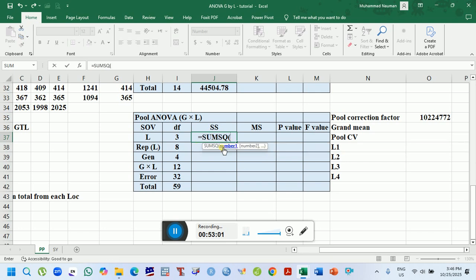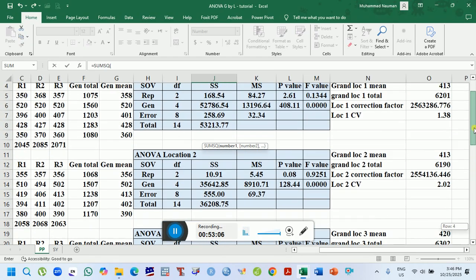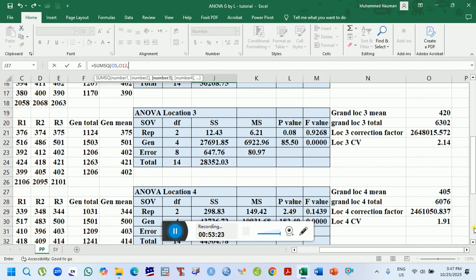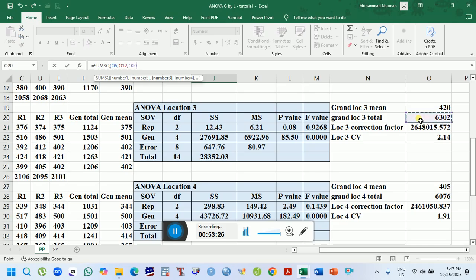Click on sum of square, and now we will select each location grand total here, comma, grand total of location 2, comma, grand total of location 3, comma, and grand total of location 4. Close this and also close this whole term in one bracket.